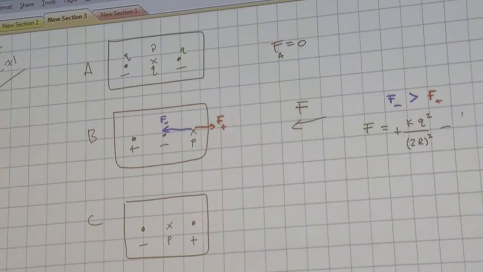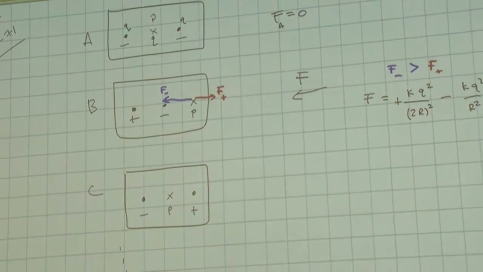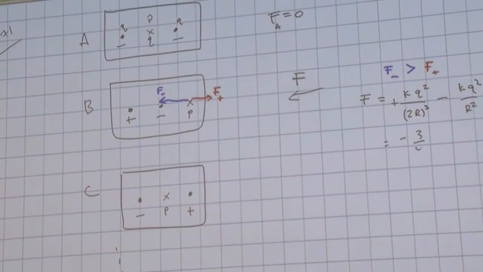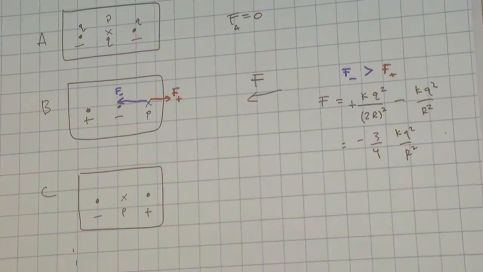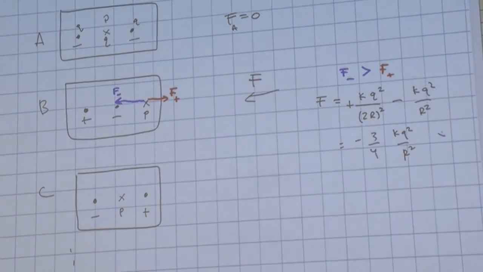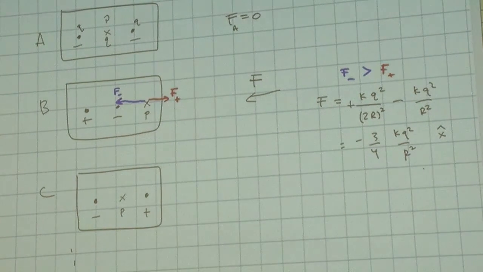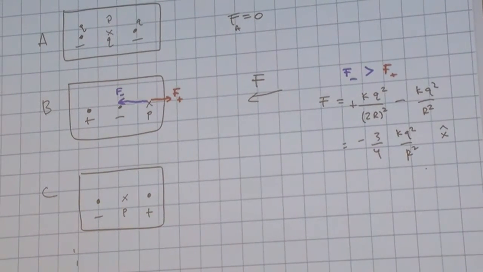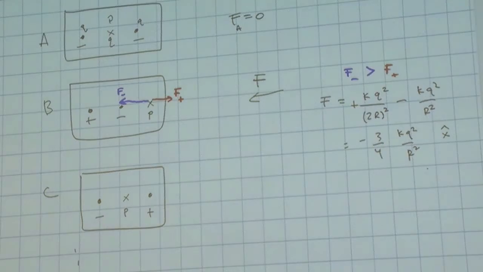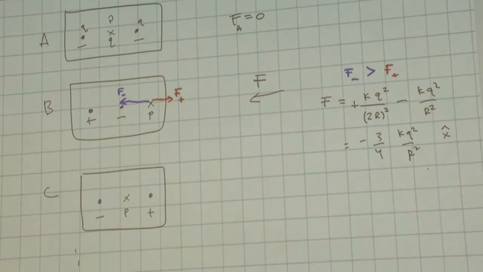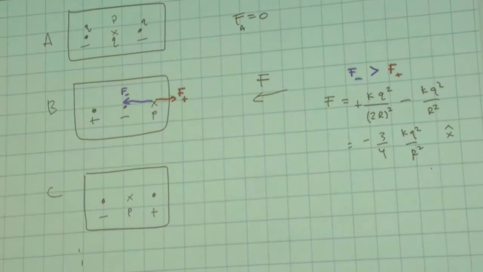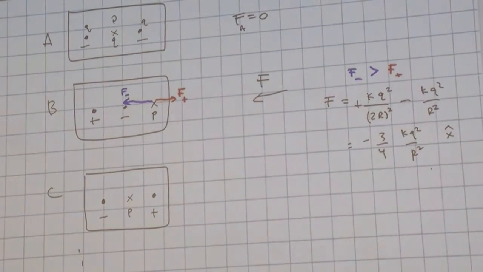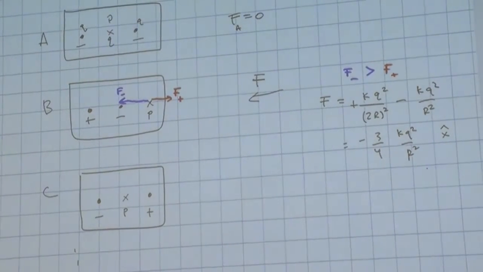And in the negative direction, it's kQ squared over R squared. So we're going to get a negative 3/4, where x hat is to the right. So it's to the left. And the value is 3/4 of if it was sitting right next to it, right?